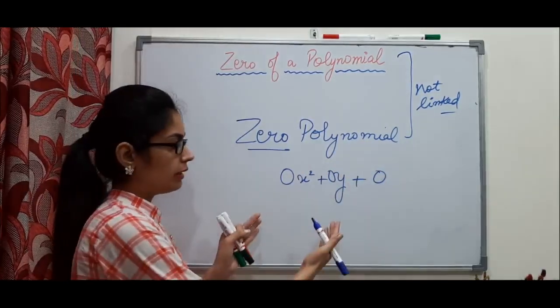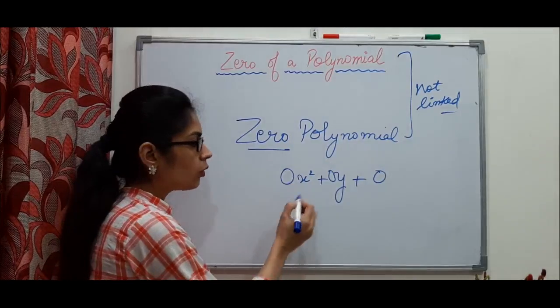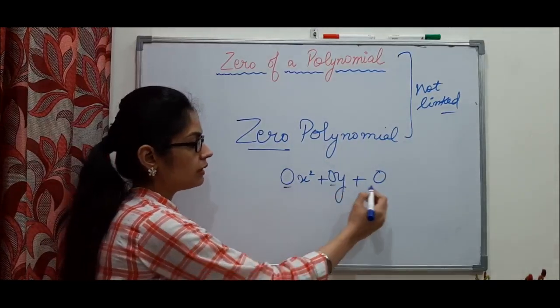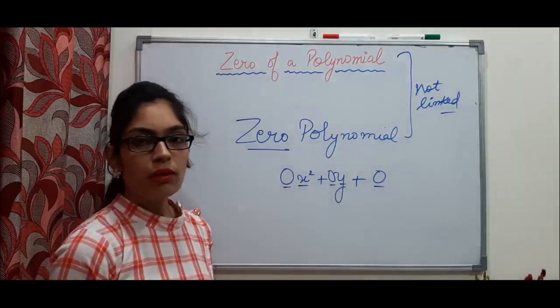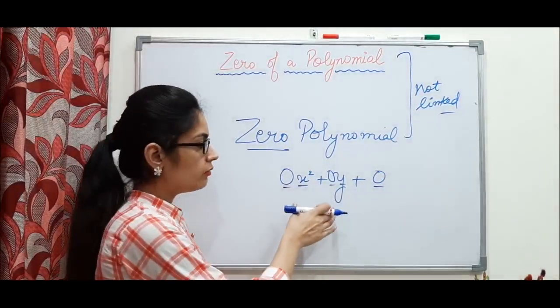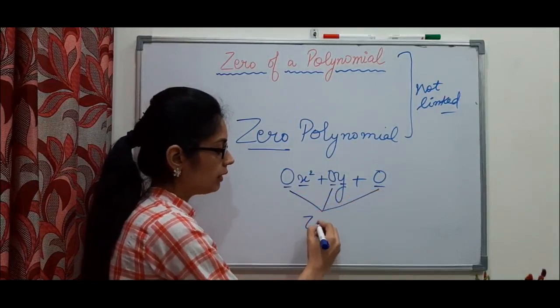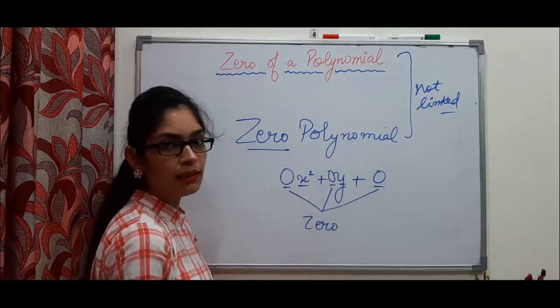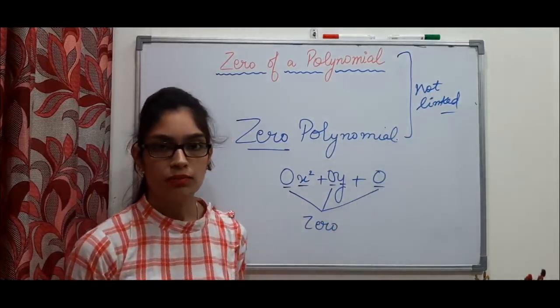I have taken one polynomial. Here the constants are 0, 0 and 0 and the variables are x and y. So whenever all the constants in a given expression are equal to 0, that type of polynomial is referred to as zero polynomial.